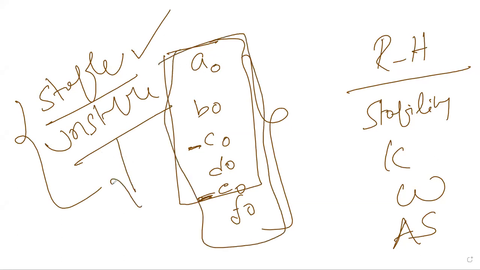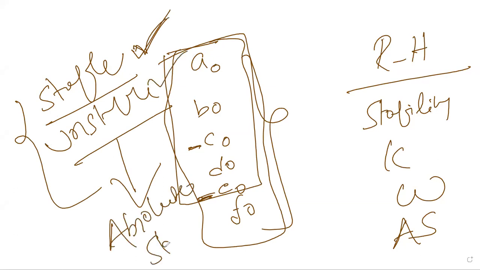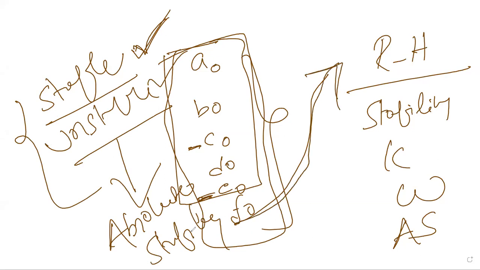The way we identify system stability like this is called absolute stability. To find the absolute stability, RH criteria is the best method.